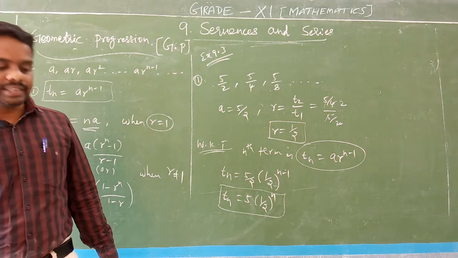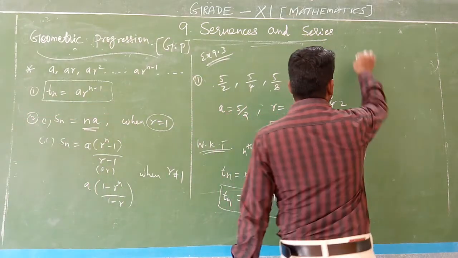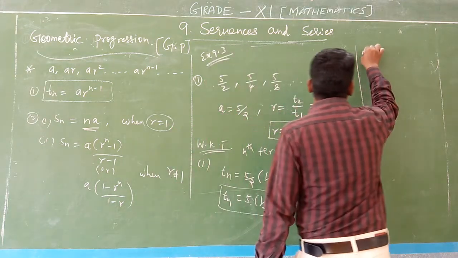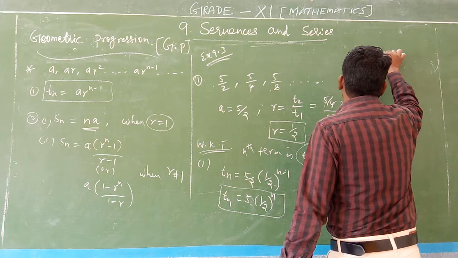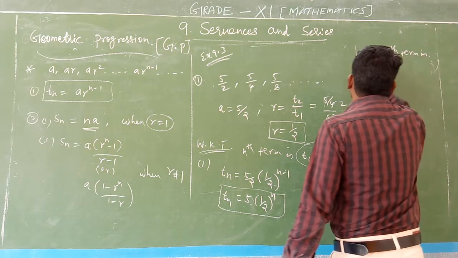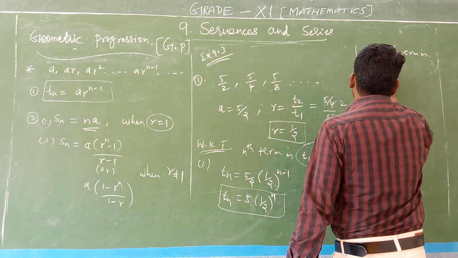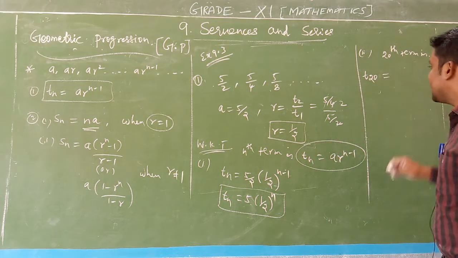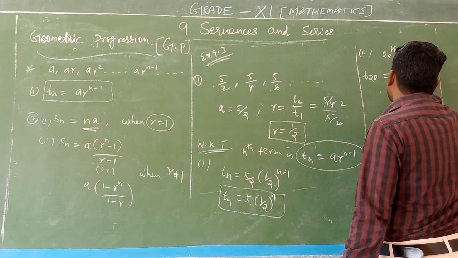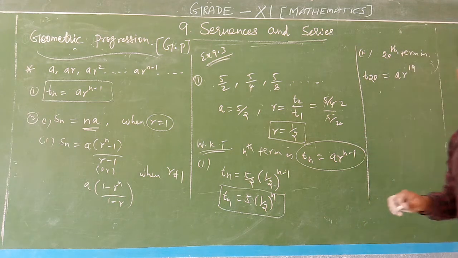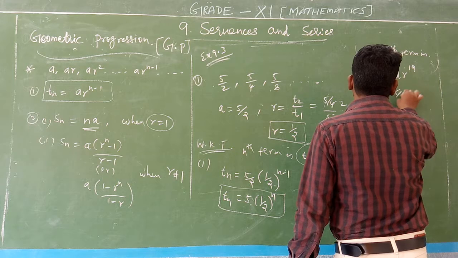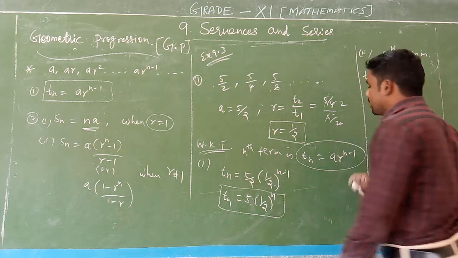This is the first question. And the second one is the 20th term. T20 is written as a r power 20 minus 1, that is 19. So a is 5 by 2 and r power 19.